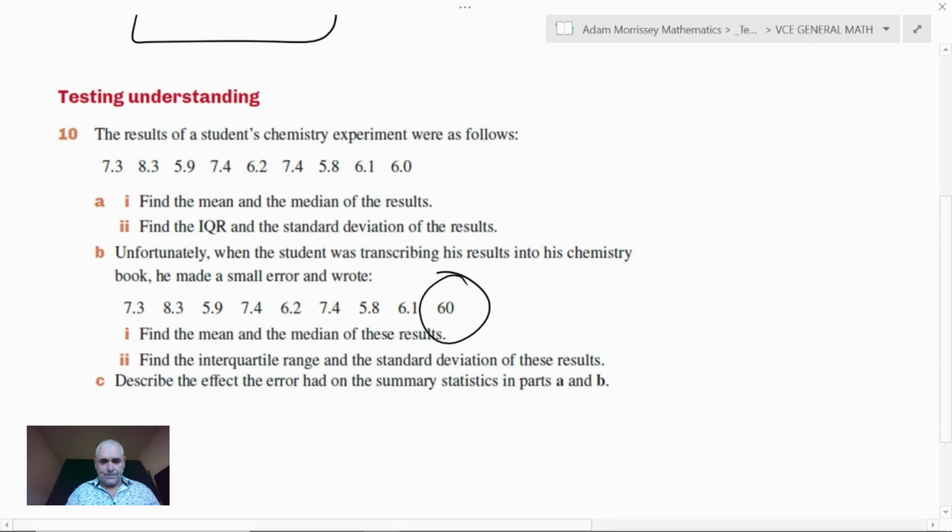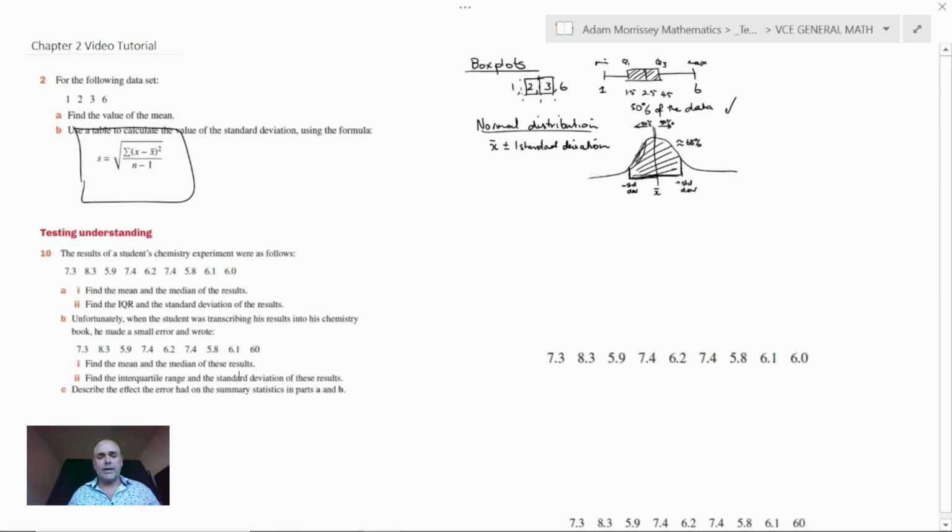So that's where we'll get to. But right now we need to understand a little bit more about the mechanics of calculating a mean and a standard deviation.